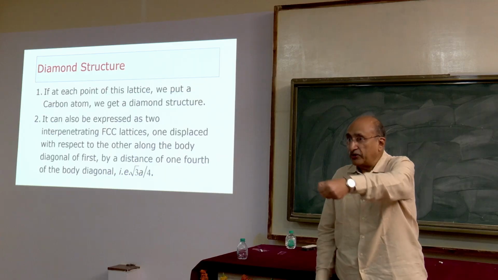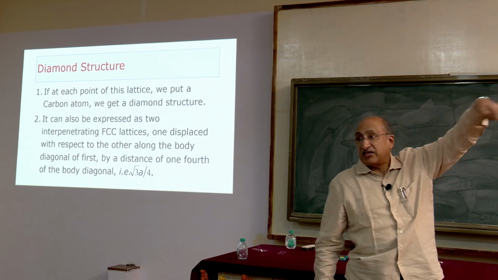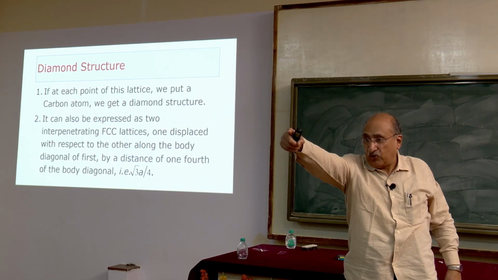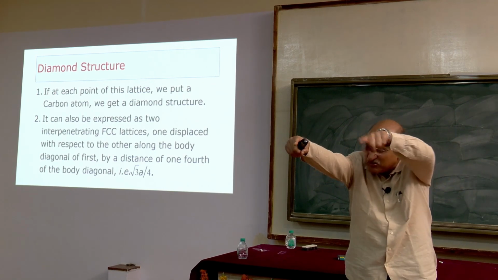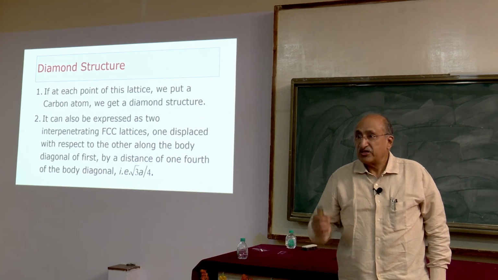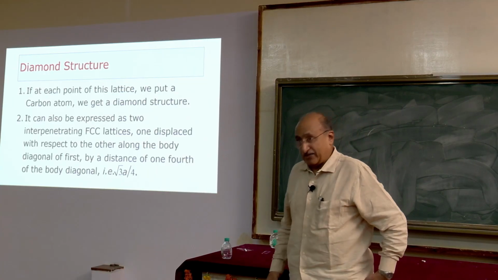Now you take one lattice and move it along the body diagonal 1/4 of the distance of the body diagonal. So this atom which was there now becomes the corner of that small tiny room. This is the way of expressing a diamond structure.